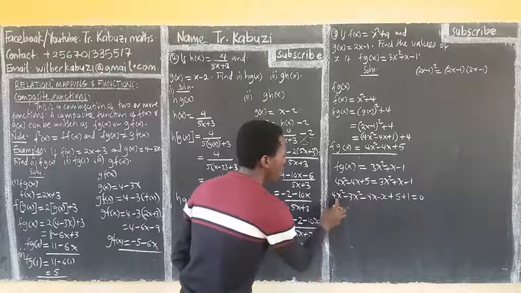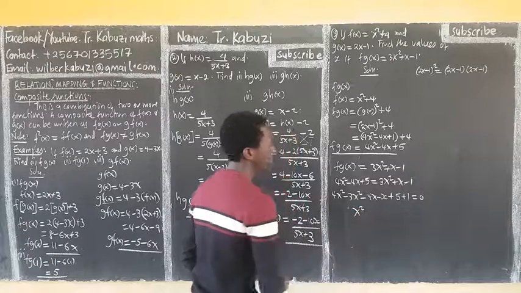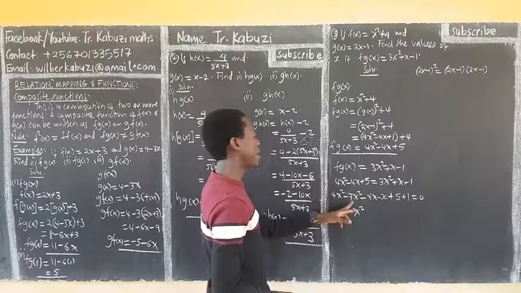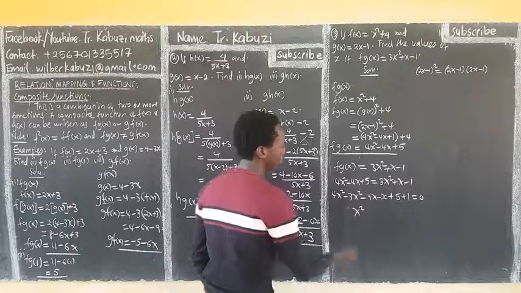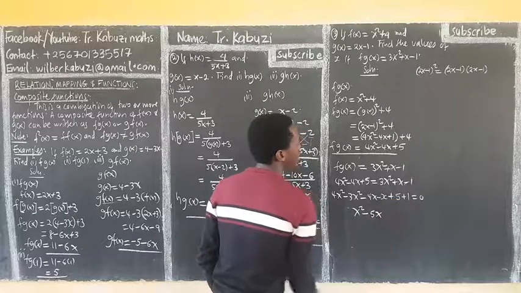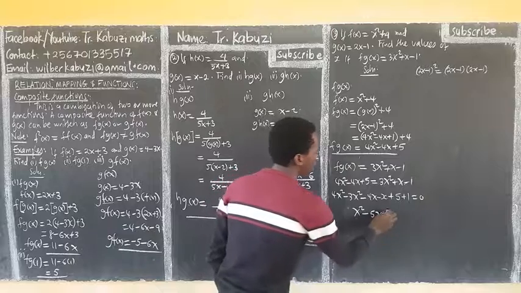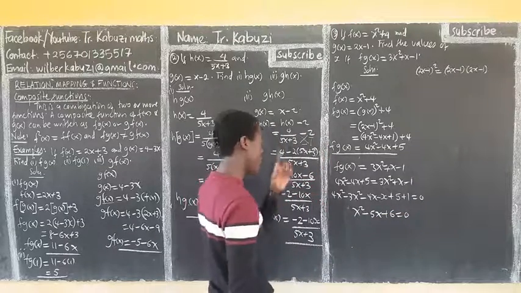Okay, so now 4x squared minus 3x squared, you get x squared. Minus 4x minus x, we get minus 5x. 5 plus 1, we get plus 6, equaling 0. Now we solve this equation. How do we solve it?